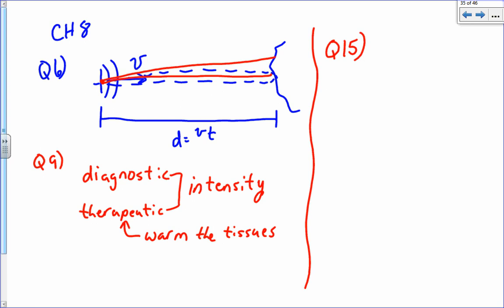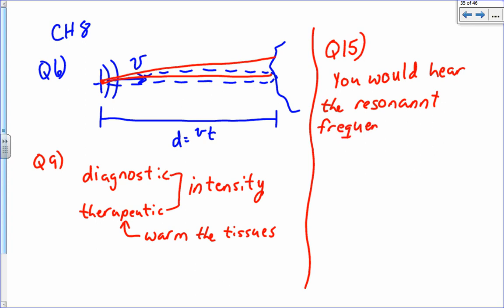The effect would be that you would hear the resonant tone, or the resonant frequency, in addition to the music. And you don't want that. The resonant frequency exists, except it's just so low that you can't hear it. All right, question 15.